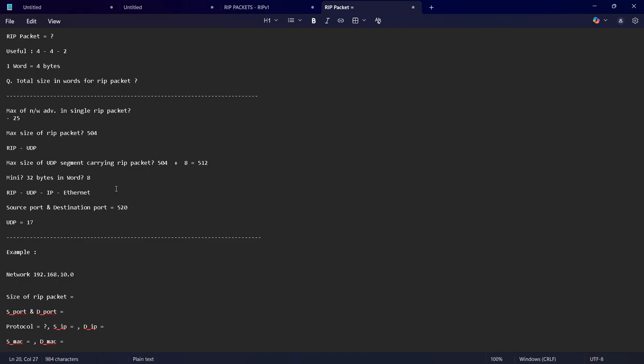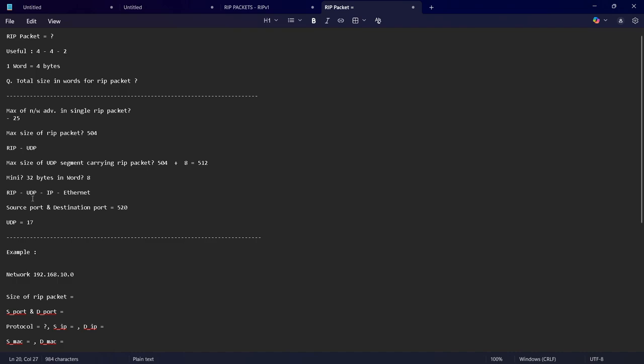So let us revise what we have learned, that RIP gets encapsulated into UDP, UDP further encapsulates into IP, IP further encapsulates into Ethernet frame. Now if I reverse it and ask you, so Ethernet decapsulates to give what? IP. IP decapsulates to give us what?